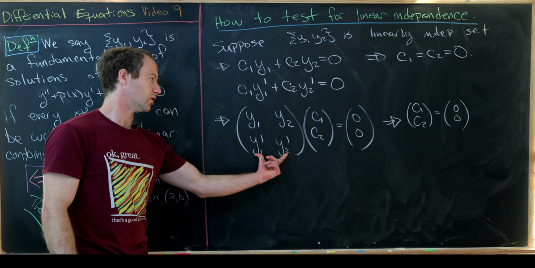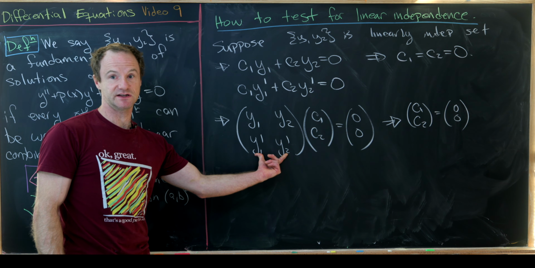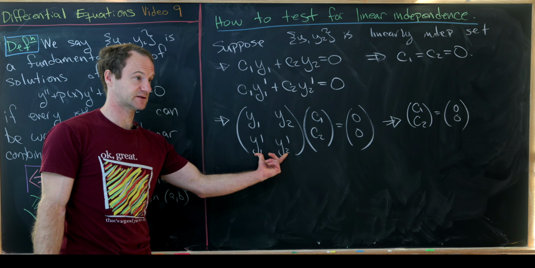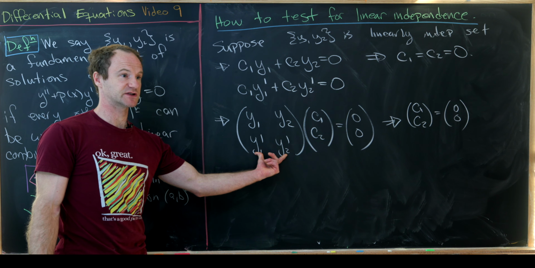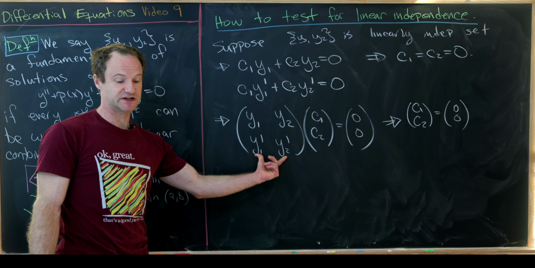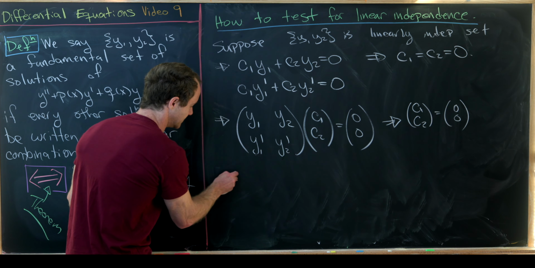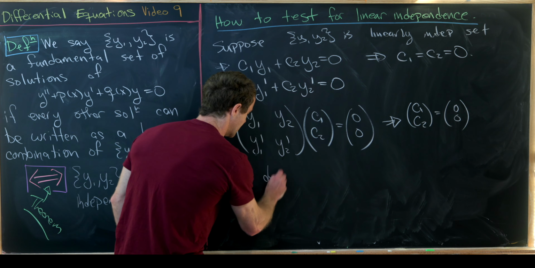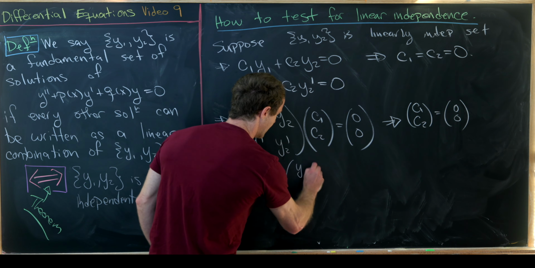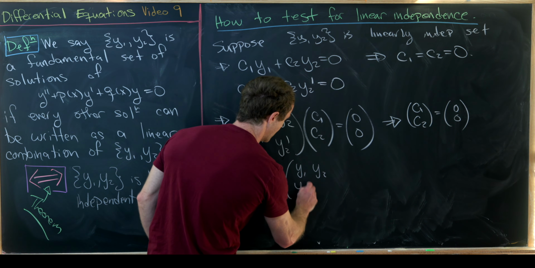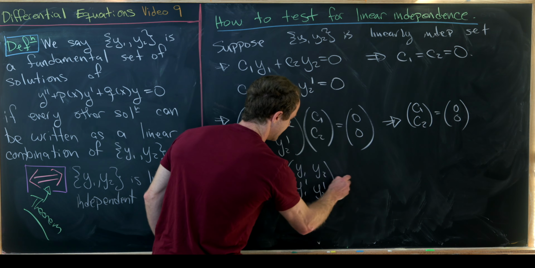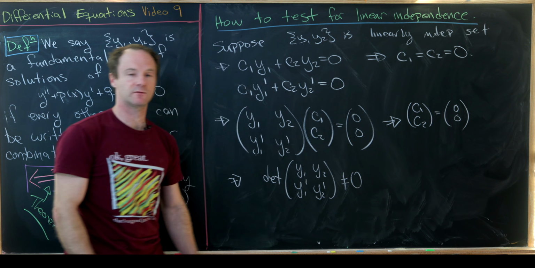That means the null space of this matrix is just the trivial null space, so the matrix is invertible, which means its determinant is non-zero. So the determinant of y1, y2, y1 prime, y2 prime is not 0.